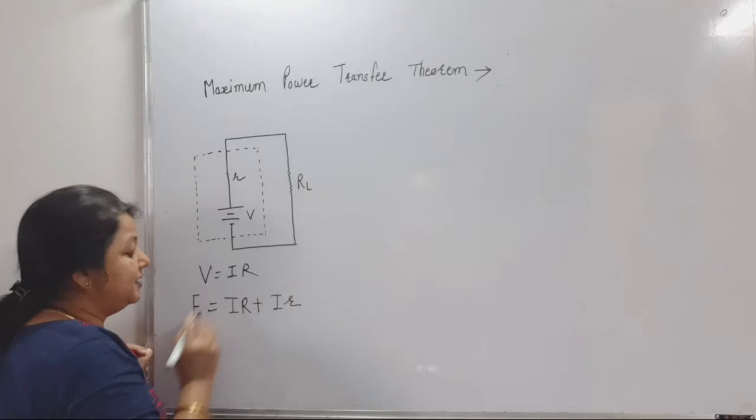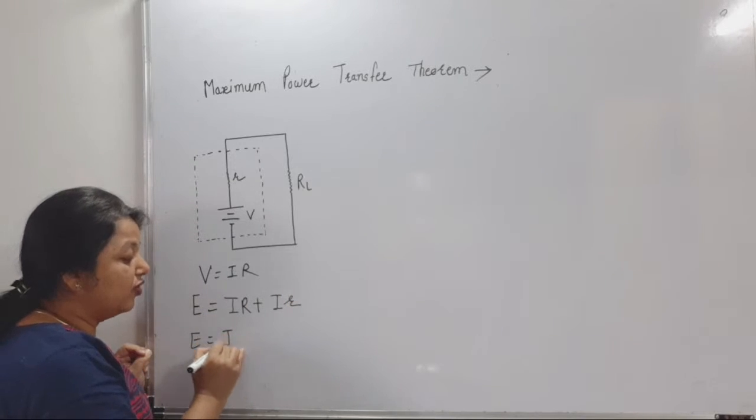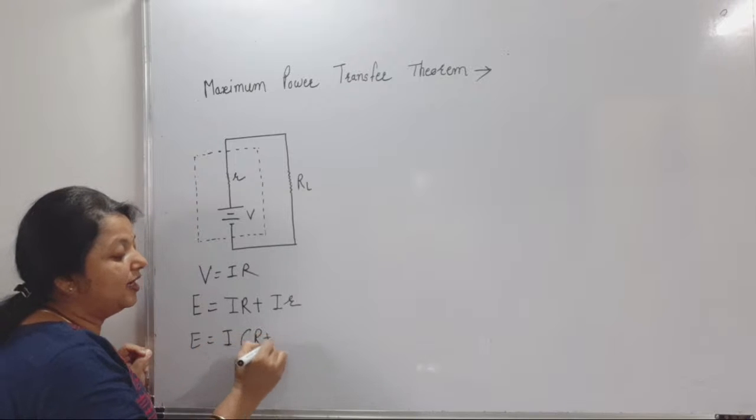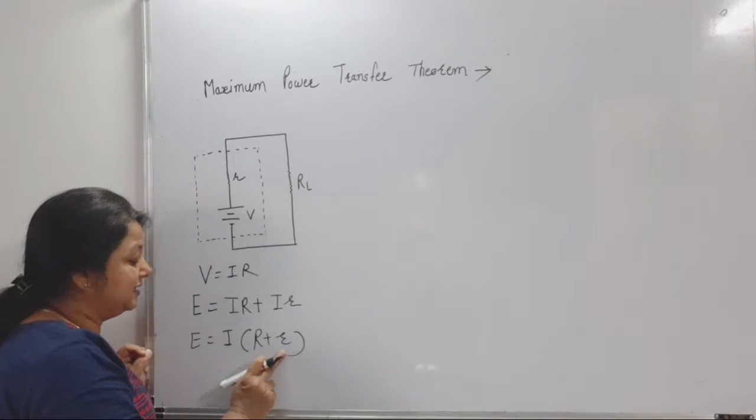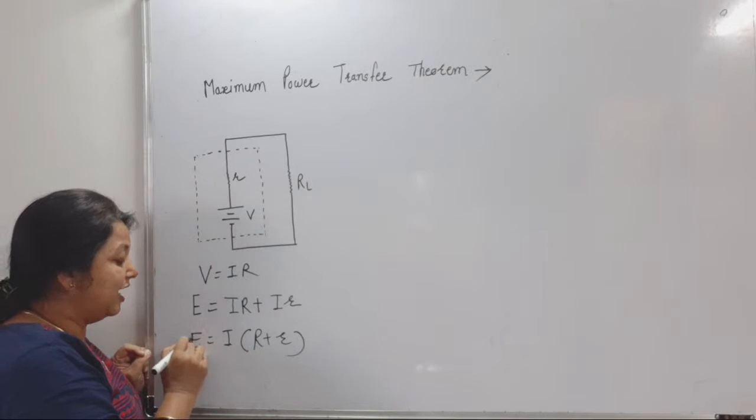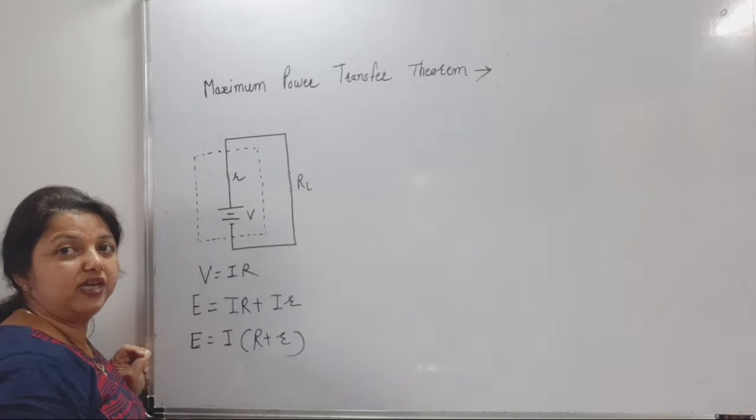Okay, that is E is equal to overall current I and overall resistance is external resistance plus internal resistance. At that time we say that battery has EMF E.